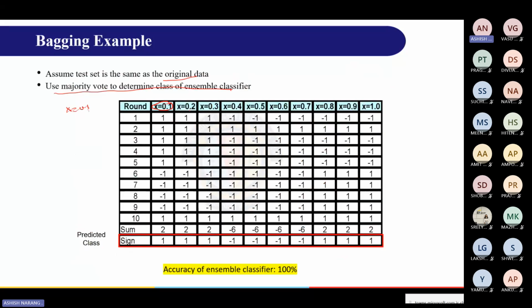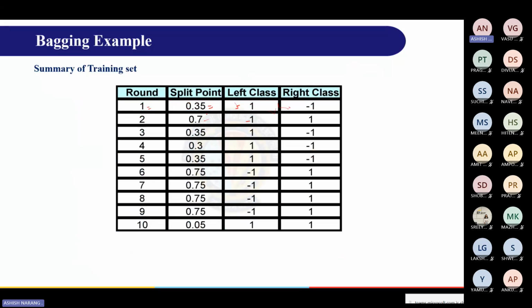X is equal to 0.2, it is going to classify it as 1 again, the first classifier. Till 0.3 it is 1, the rest it is -1, right?